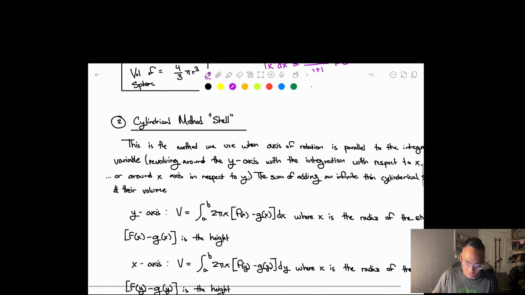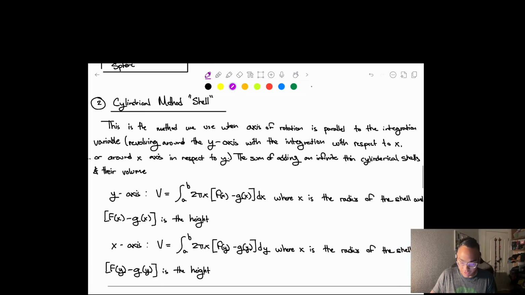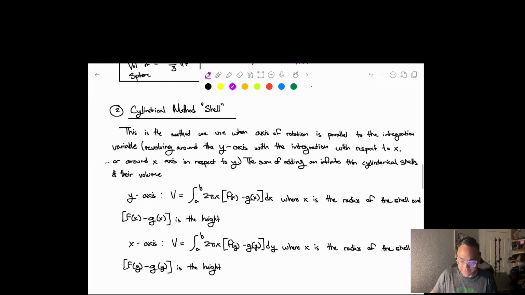Number 2 method is the cylindrical method, or the shell method. This is the method we use when the axis of rotation is parallel to the integration variable. It usually revolves around the y-axis with integration with respect to x.